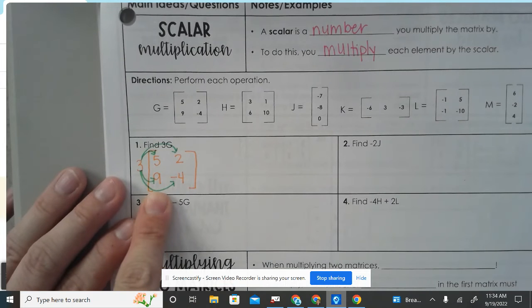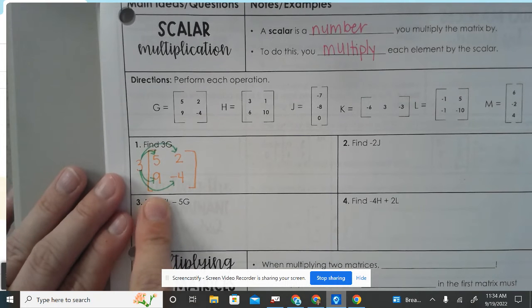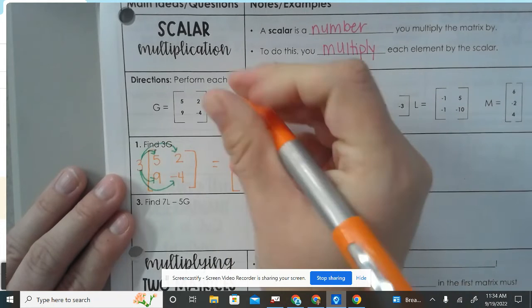And you can type this in the calculator. You can type in a 3 and then the matrix right beside of it. But if you know your multiplication tables, and you should know how to multiply by 3, it's a lot faster to just do it in your head.